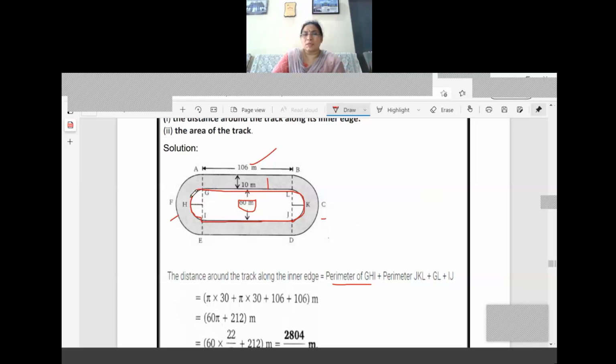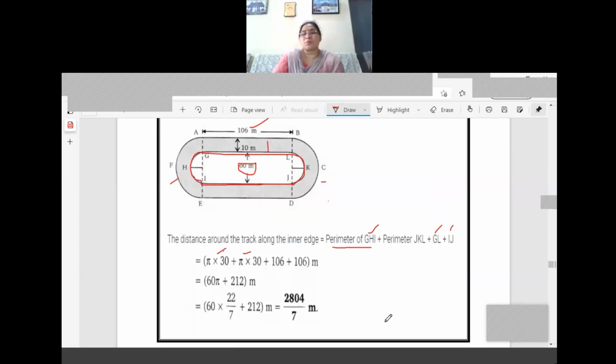So what is that one? It is a semicircle. So 2 pi r by 2, which is semicircle GHI, so 2 pi r only. So pi into 30, two times, because the inner diameter is 60, the radius is 30. Now 106, 106, what is that length? GL and IJ. Just add that one.